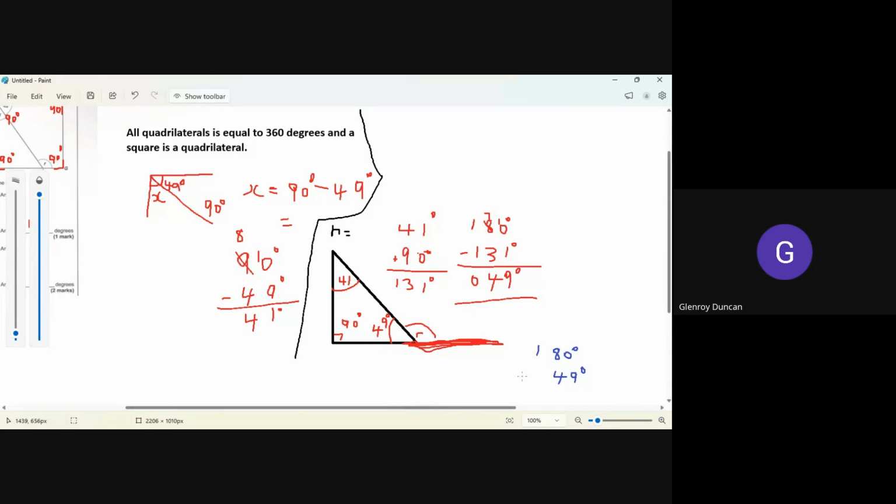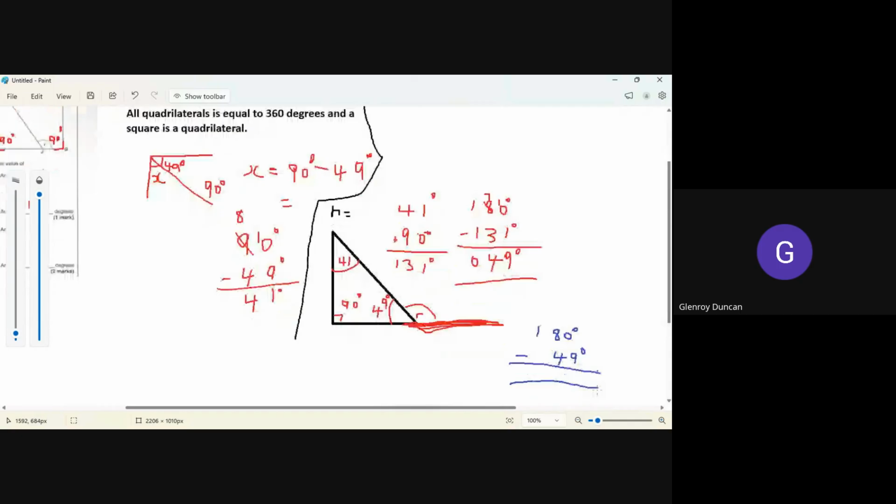We had to find the one at the top. We got 41. Then we got the right angle, which was 90 degrees. We add those two, 41 and 90, and we got 131, and we subtract it from 180 to find the other angle, which shows that the triangle was a scalene triangle. Because we got that, we were able to find R, which was running on a straight line, which is out of 180.